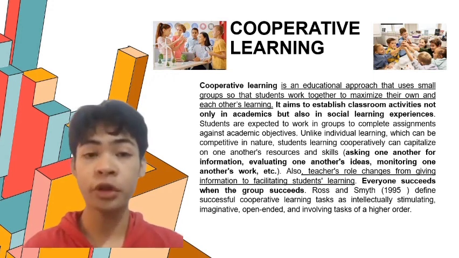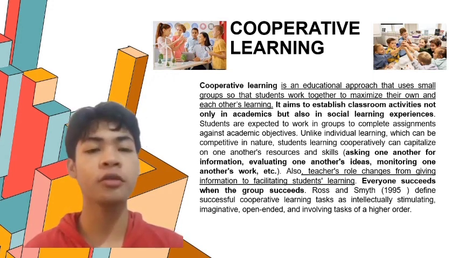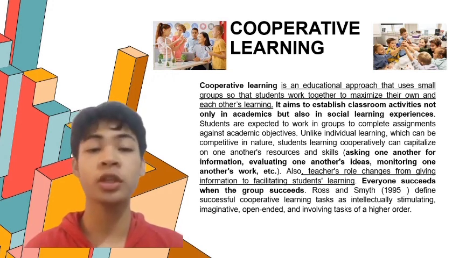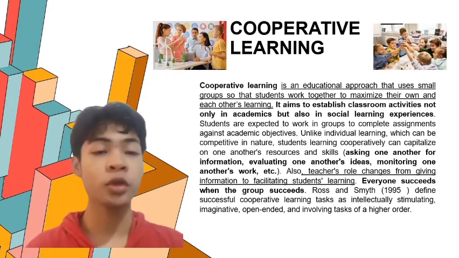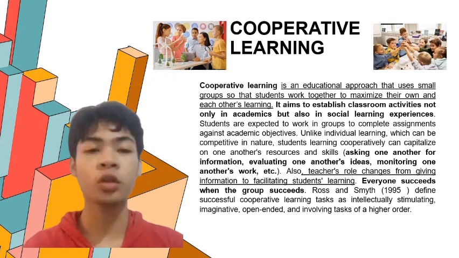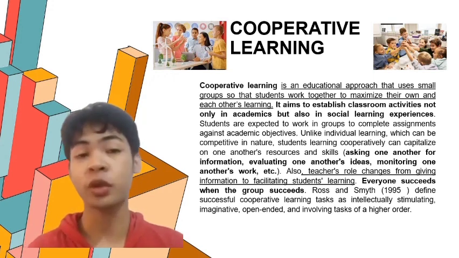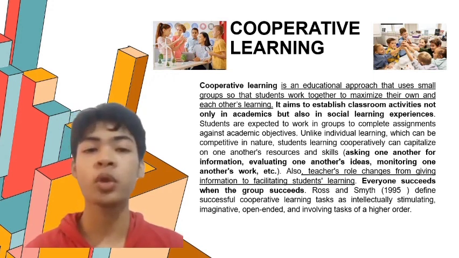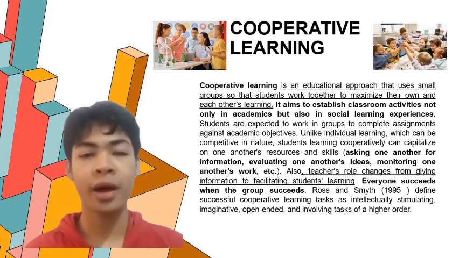Because cooperative learning is much better unlike individual learning, especially in science. We have to do collaborative work, an experiment or a project, so that it will be done much faster and done beautifully. Because when we are doing tasks, we ask each other for information.